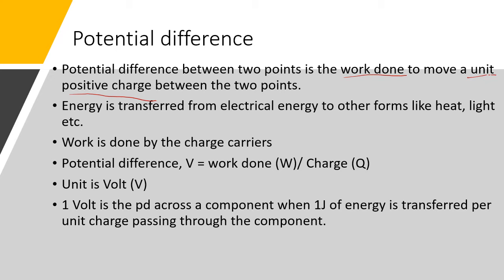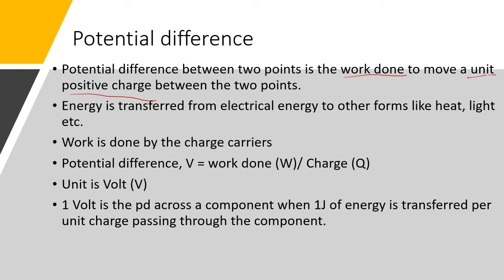It is very much similar to the definition of a potential difference. Potential difference is the work done to move a unit charge between 2 points, right? So 1 volt is 1 joule of work done, or 1 joule of energy transferred per unit charge passing through a component. So these are the things you need to know about potential difference.